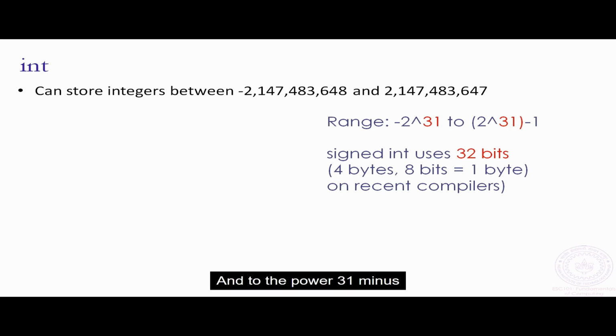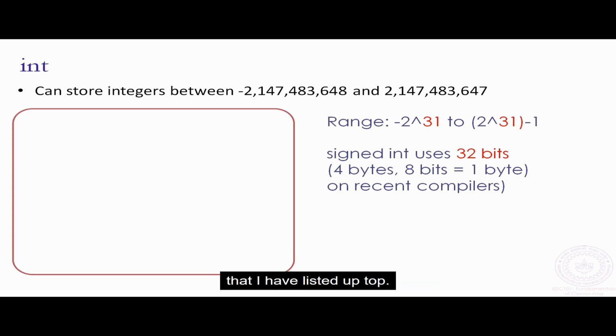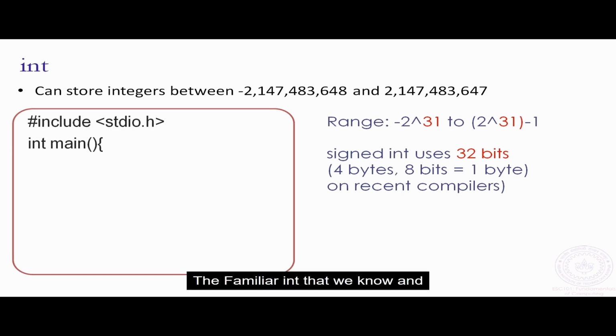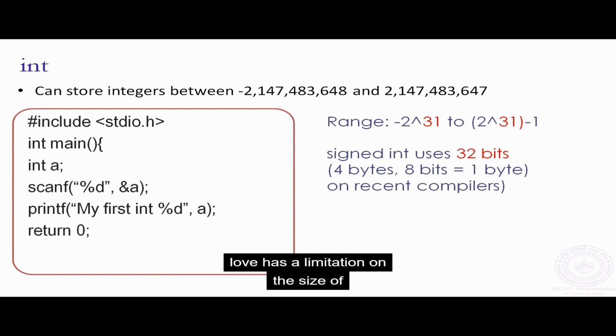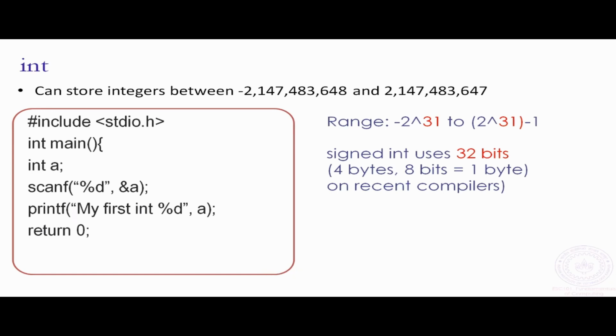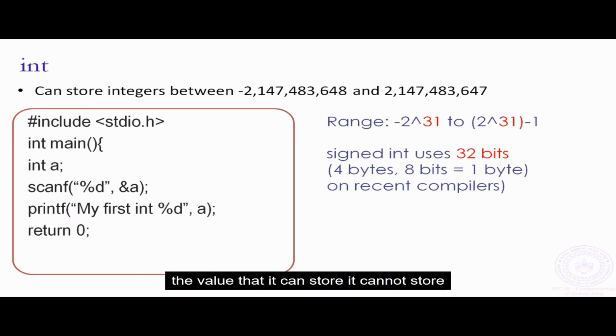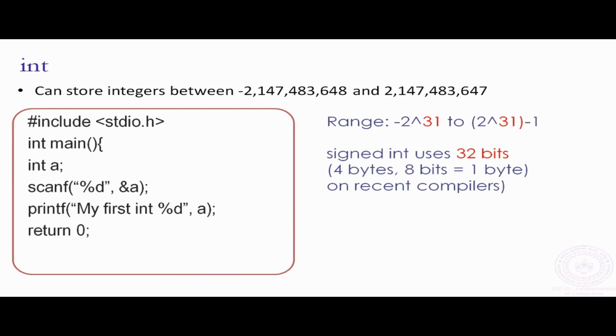And this gives you the numeric ranges that I have listed up top. So that is why the familiar int that we know and love has a limitation on the size of the value that it can store. It cannot store values larger than 2.1 billion, let's say.